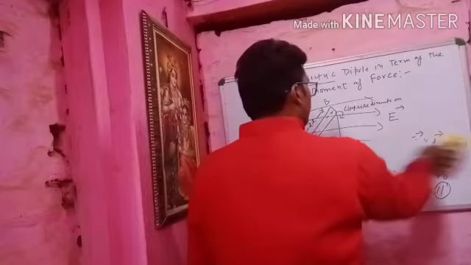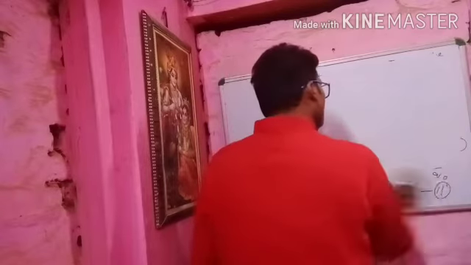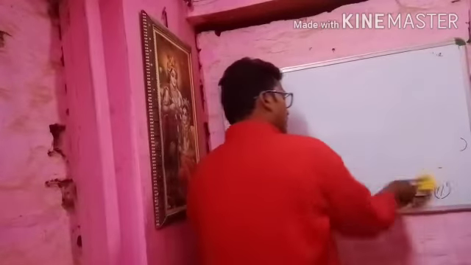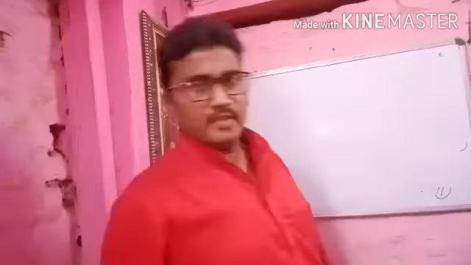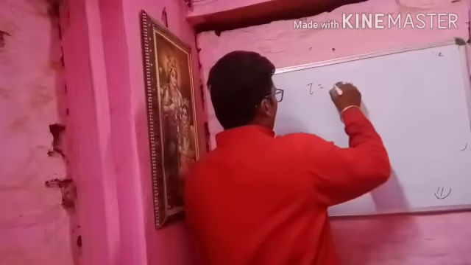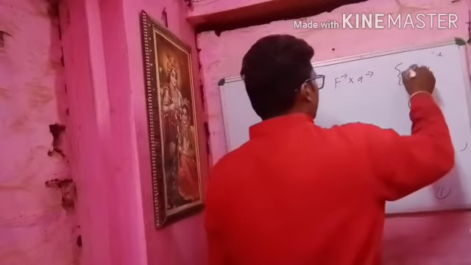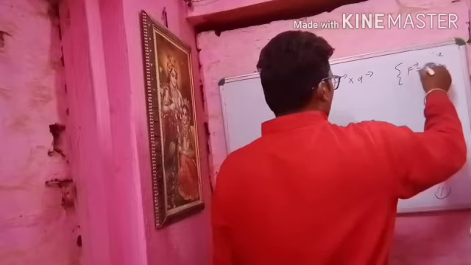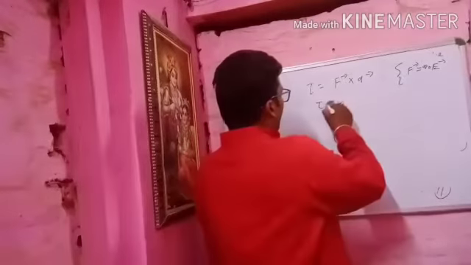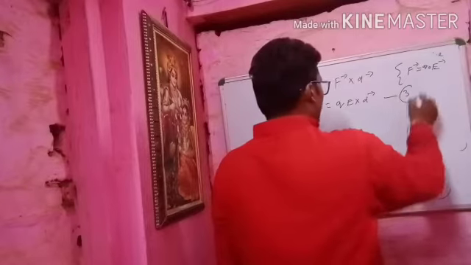We put the value of force from equation 2 into equation 1. Tau is equal to q naught E into D. Equation 3.